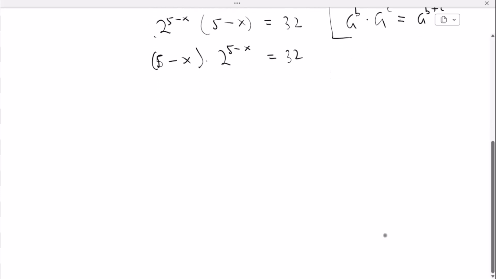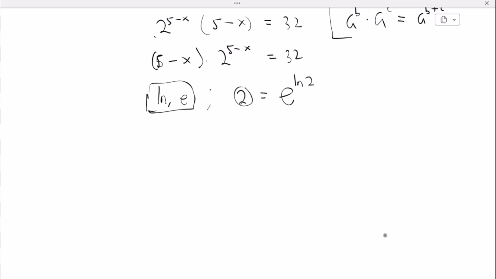Now we are going to introduce something called the natural log, ln, and e. 2 can be rewritten as e to the power natural log of 2. So e to the power natural log of 2 can be rewritten as 2.